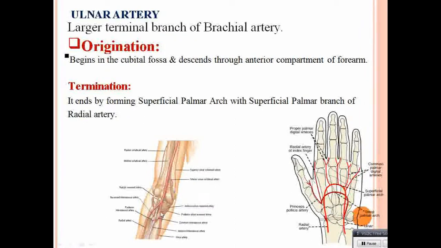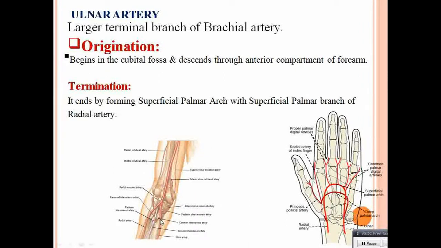Ulnar artery is a larger terminal branch of brachial artery, originating, beginning in the cubital fossa. So cubital fossa is a shallow fossa, a shallow area that is present in front of the elbow joint. So the division of brachial artery occurs in the cubital fossa, and the ulnar artery descends through the anterior compartment of forearm.